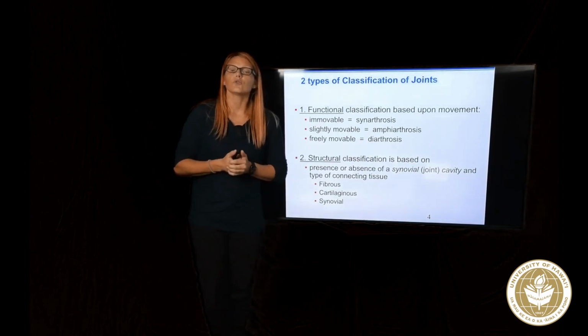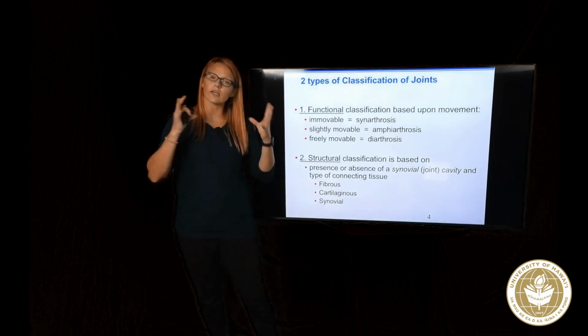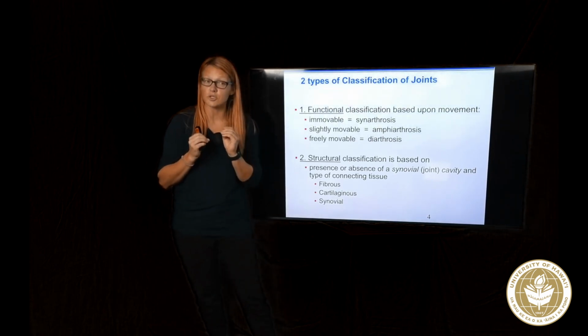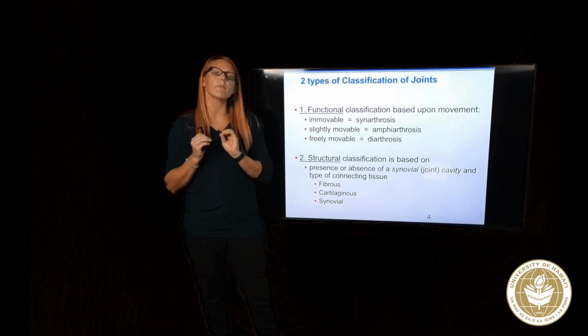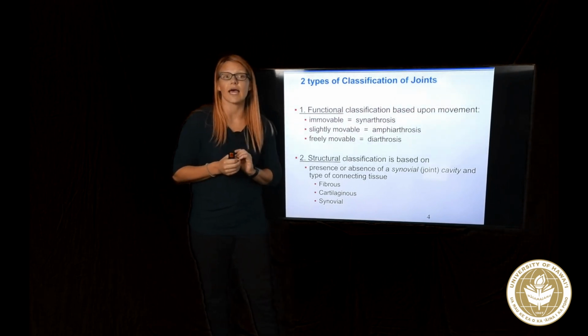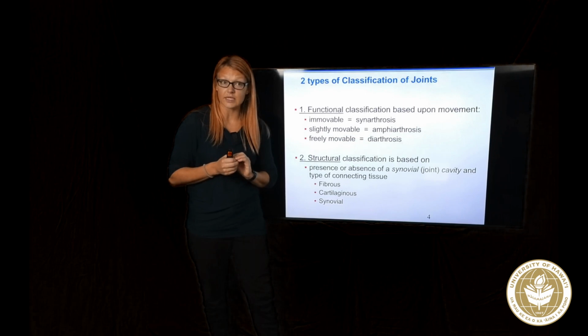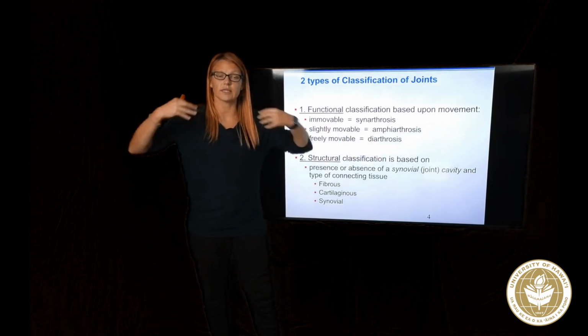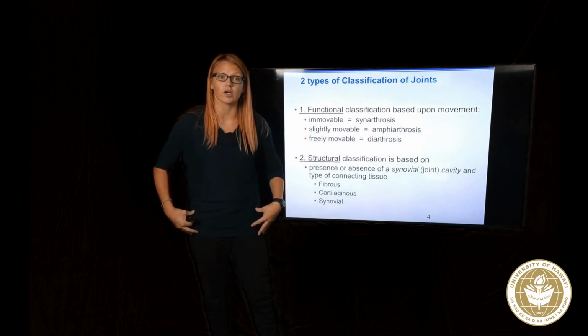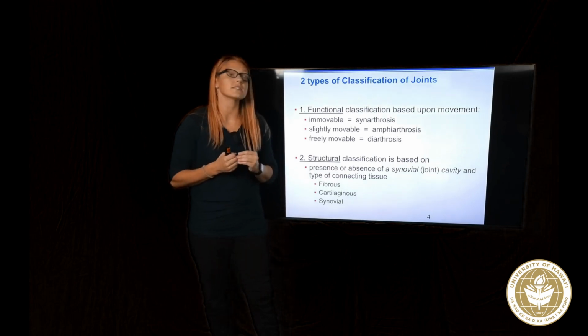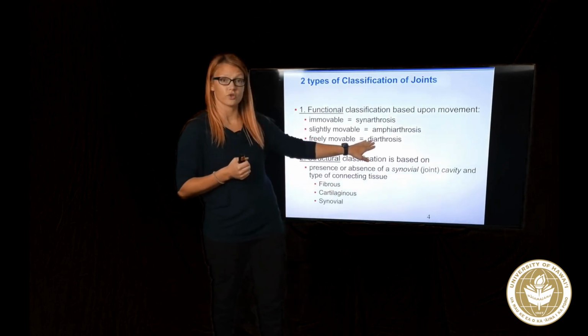This is summarizing it a bit too much, but for the most part, what we find is that the appendicular skeleton, so our appendages, the pectoral girdle, our pelvic girdle, mostly consists of these diarthrosis joints.